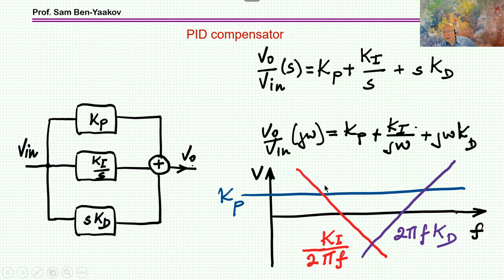Now, if we look at this frequency, this value is much lower than this one, so it's basically this value here. Here, this is much higher than everything else, so it's basically here, and here it's much higher than everything else. So this is the PID transfer function of the PID.